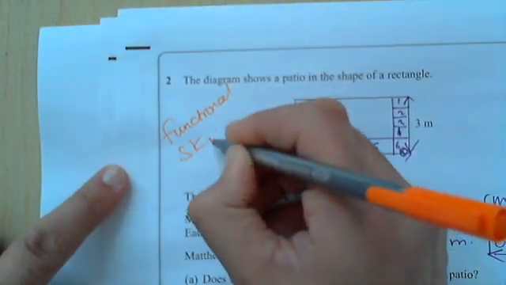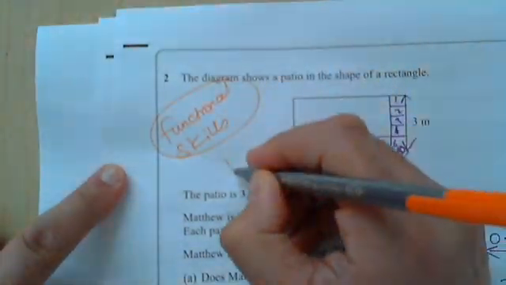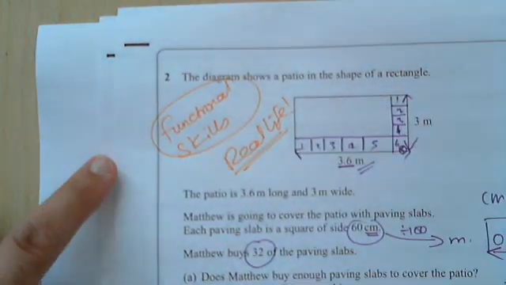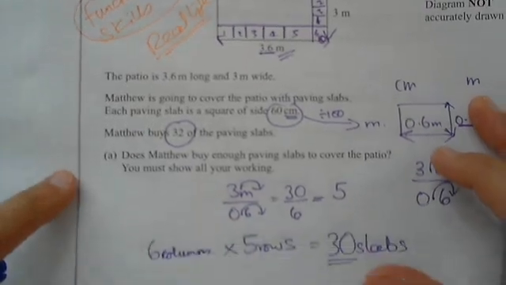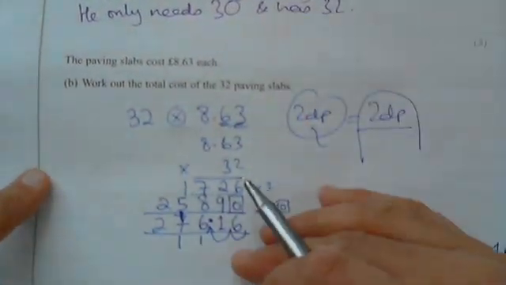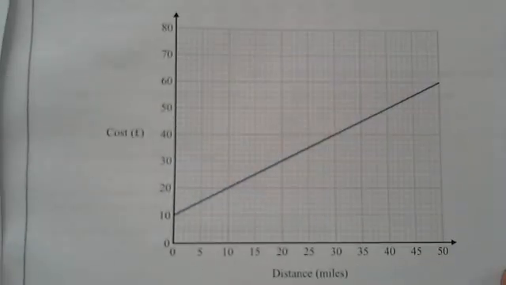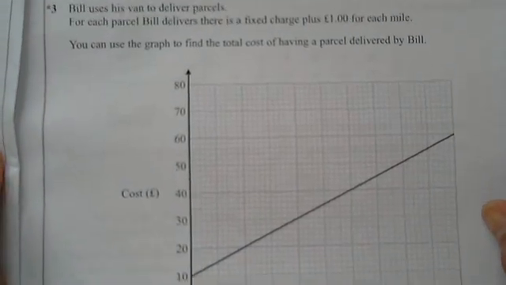We call it functional skills, where they give you a real life situation and they want you to work out how many slabs you need, what will be the cost. So this is the kind of thing that you need to do yourself if you're doing this at home for your garden. Now if we move on to the next question, Bill uses his van to deliver parcels.